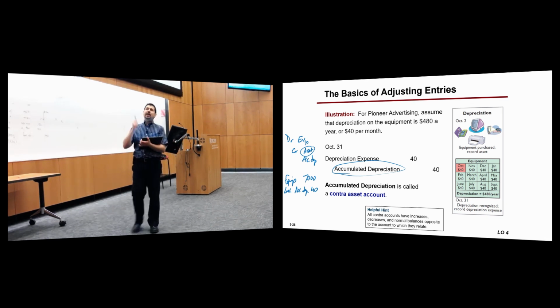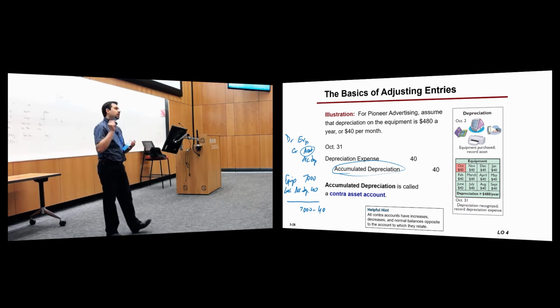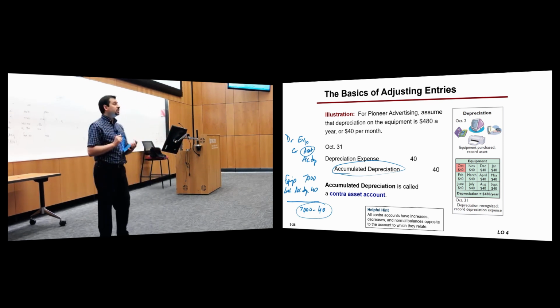What's the actual value of the equipment, what we call the book value of the equipment? It will be 7,000 minus 40. Now this ends up more or less the same as if we had actually credited the asset directly. That's the value we would have if we were to credit the asset. But in this case, this will give us more information.